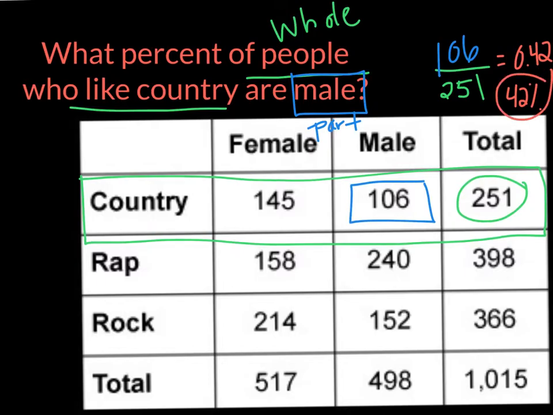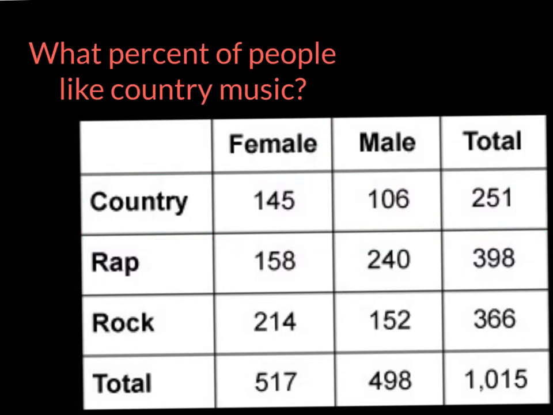So let's try another of those. So next question asks, what percent of people like country music? So our whole is what percent of people. So that's my whole. So I need to look and see how many people were surveyed. So 1,015 people were surveyed.